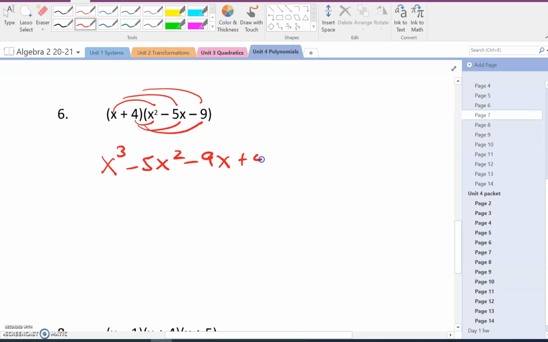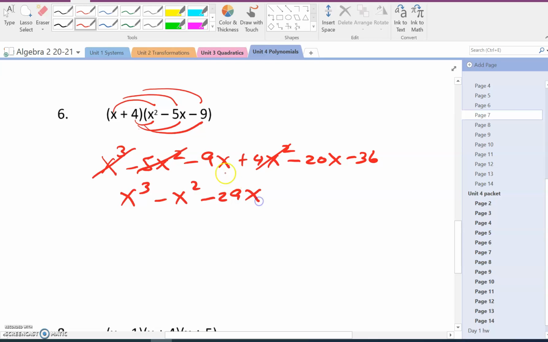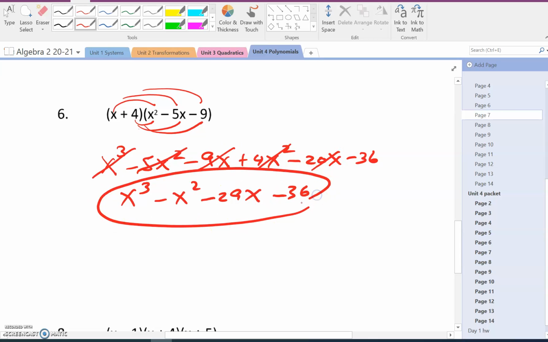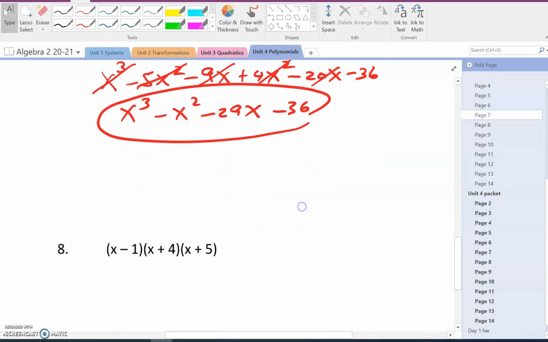And then we got plus 4x squared, minus 20x, minus 36. So that's the only x cubed. We have minus x squared, negative 29x, minus 36. So that's multiplying as well.